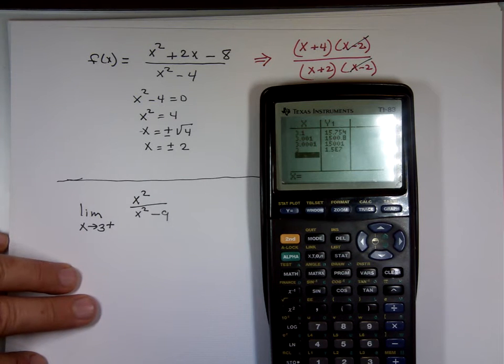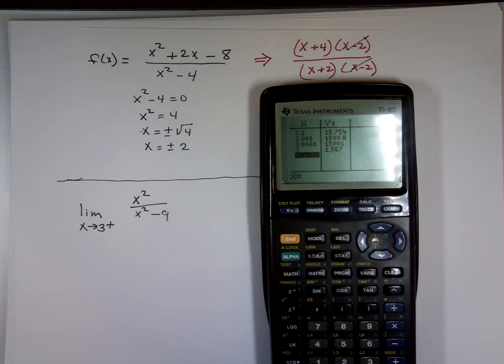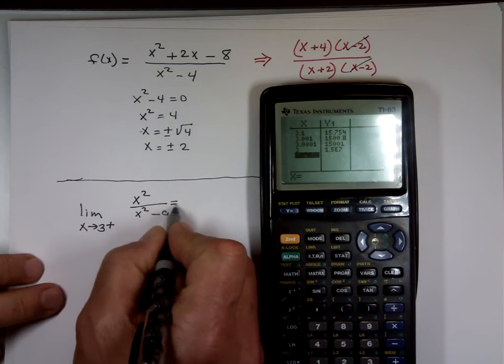And where do you notice that number is going? Can you see it? Where is it going toward? It's going toward infinity. Positive infinity. So this function approaches positive infinity from the right side.